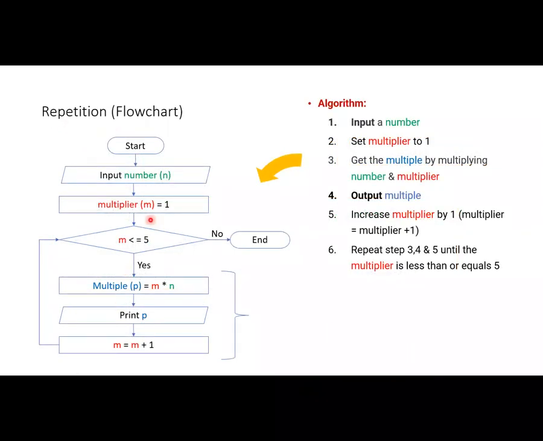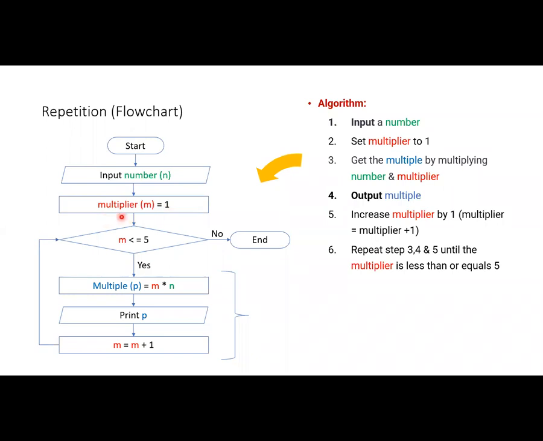This is a flow chart related to the previous algorithm. Just like before, we must start with the terminal symbol, then input the number using the input symbol, and we have a process where the multiplier is indicated as m equals 1.